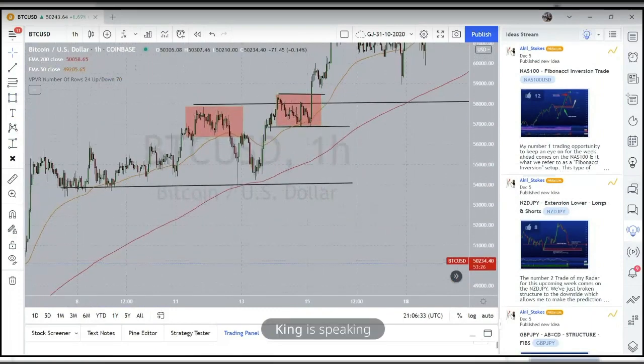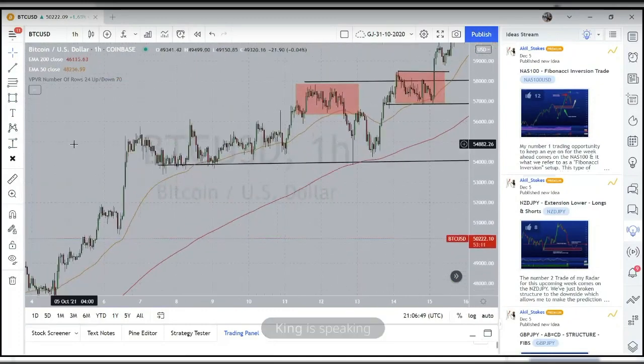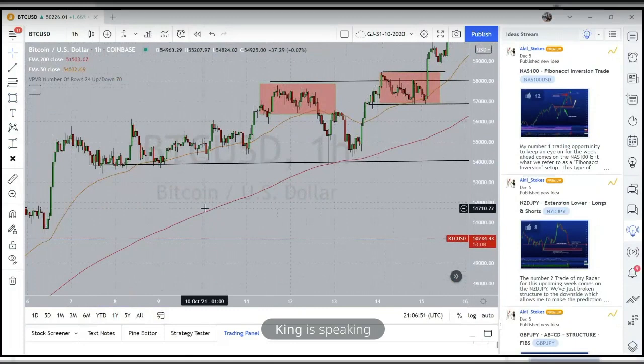So, tweezer bottom. Yeah, so these are dual candlesticks we're looking for. Bearish engulfing is my favorite one. So bearish engulfing is a 2 candlestick pattern, and you're basically looking for a candle to be fully engulfed by the previous candle.